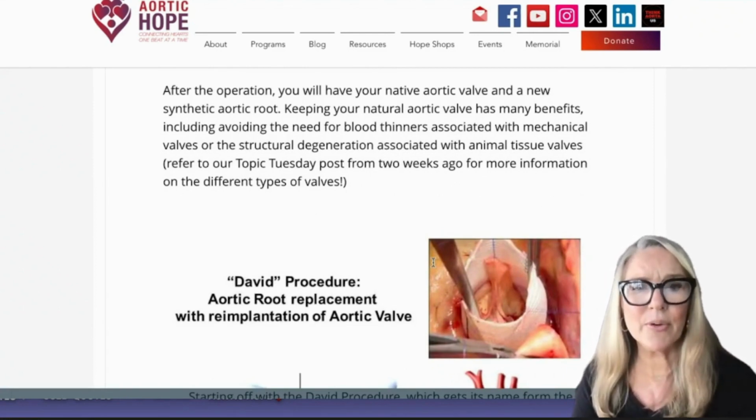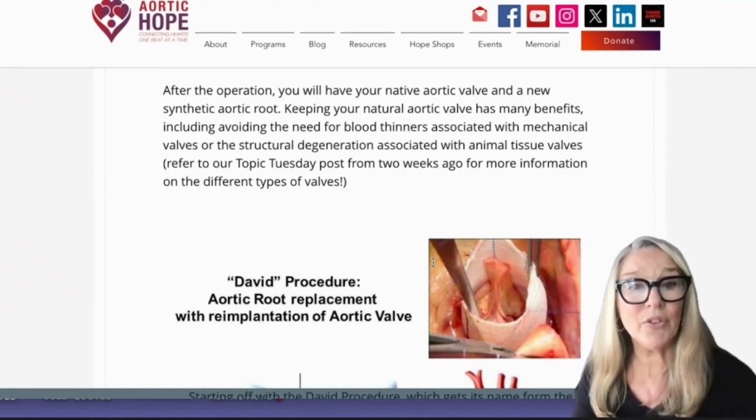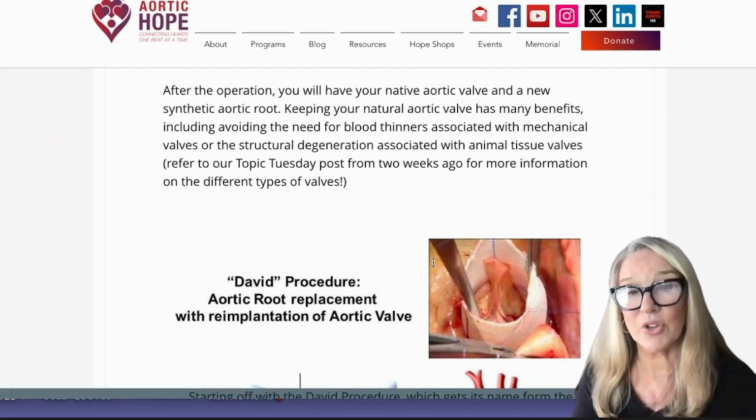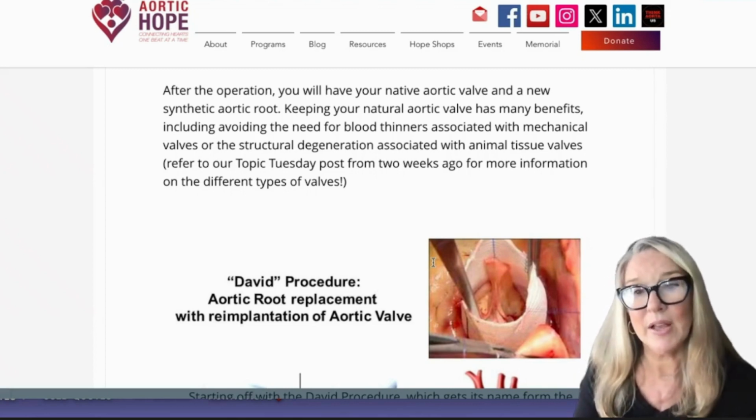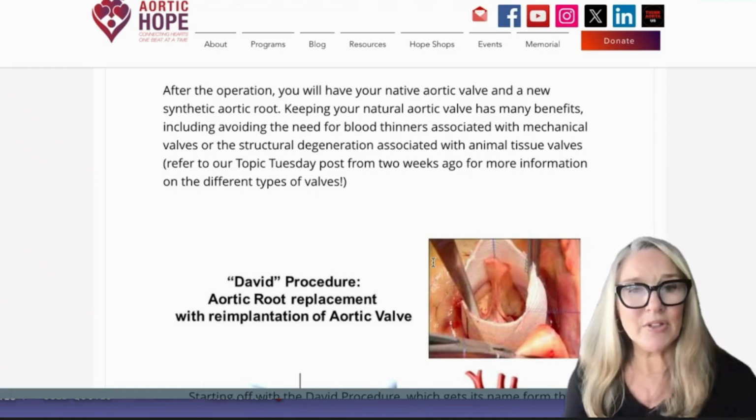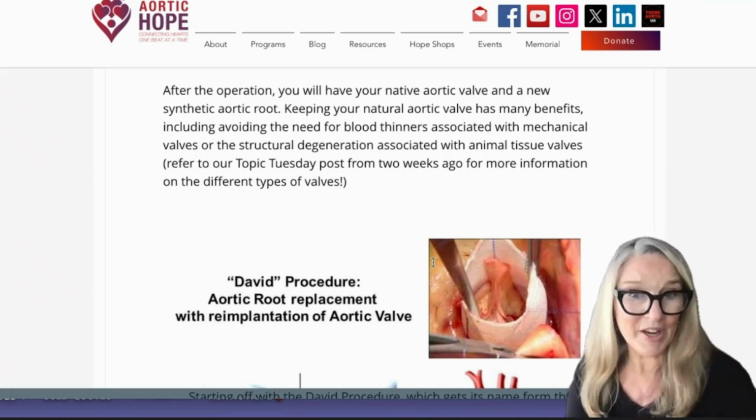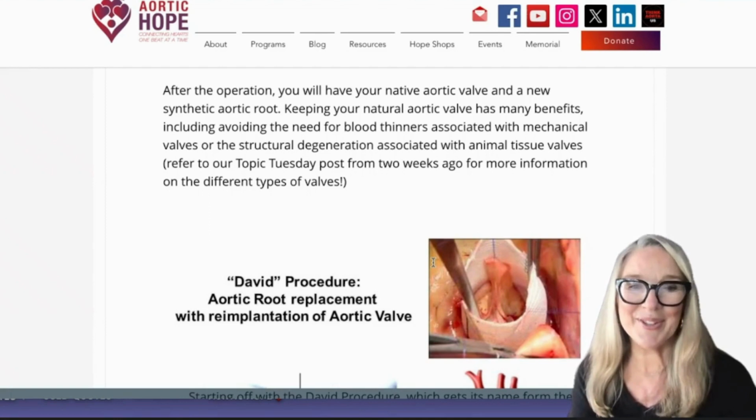Keeping your natural aortic valve has many benefits, including avoiding the need for blood thinners associated with mechanical valves or the structural degeneration associated with animal tissue valves. Refer to our Topic Tuesday post from 2 weeks ago for more information on the different types of valves.